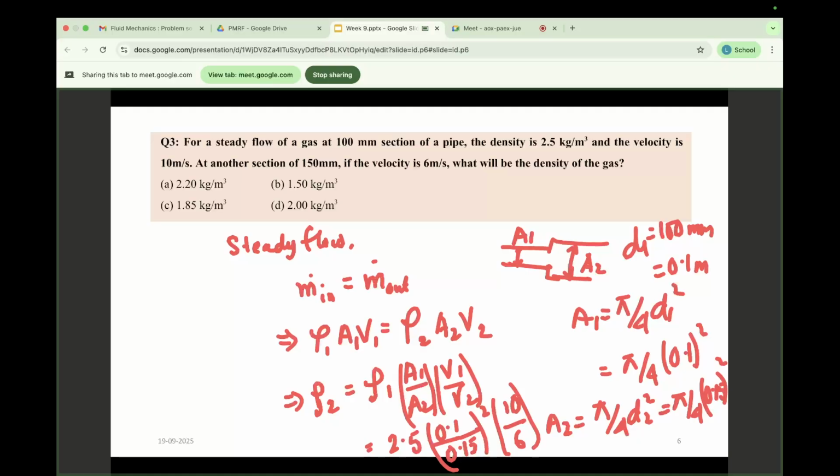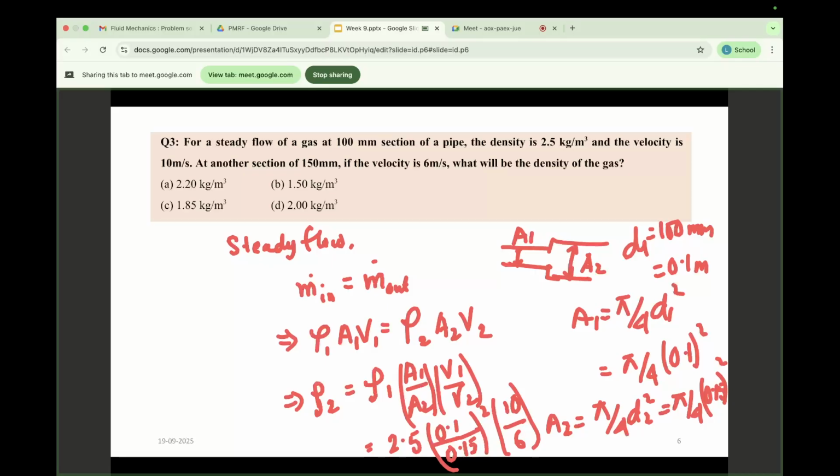2.5 into 0.1 by 0.15 square into 10 by 6.